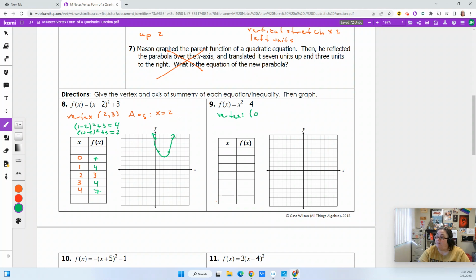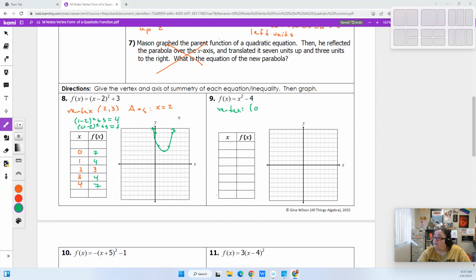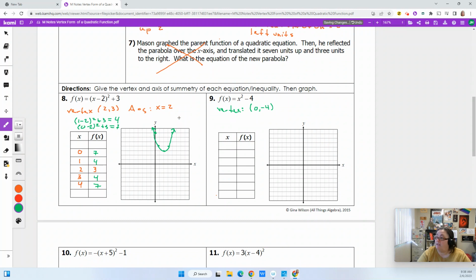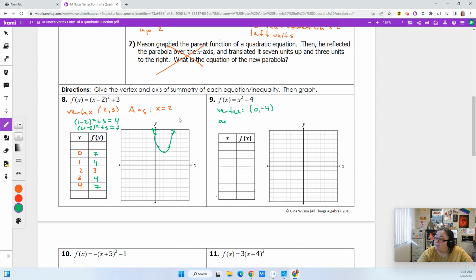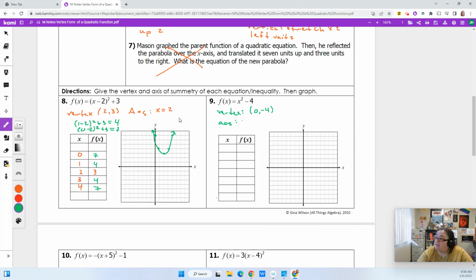And then that y value is going to be -4, or our h, k, right, is our point. And we know that our axis of symmetry, AOS, is x equals 0, because it's always the x value of our vertex.